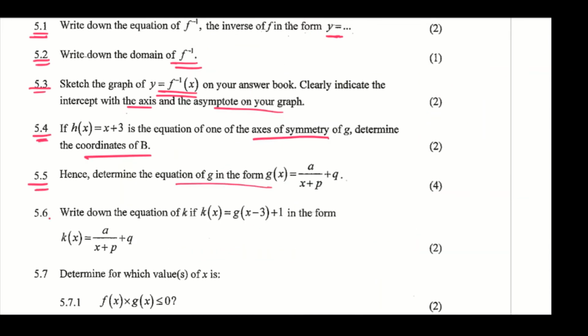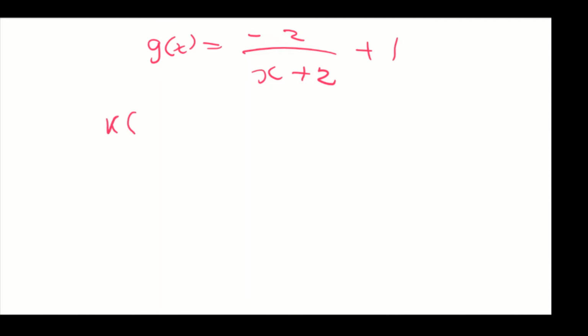Now we're going to do 5.6. We are asked to write down the equation of k such that k of x is equal to g of x minus 3, plus 1. What you need to do first is write our g of x, which is equal to minus 2 over x plus 2, plus 1. And we are told that our k of x is equal to g of x minus 3, plus 1.